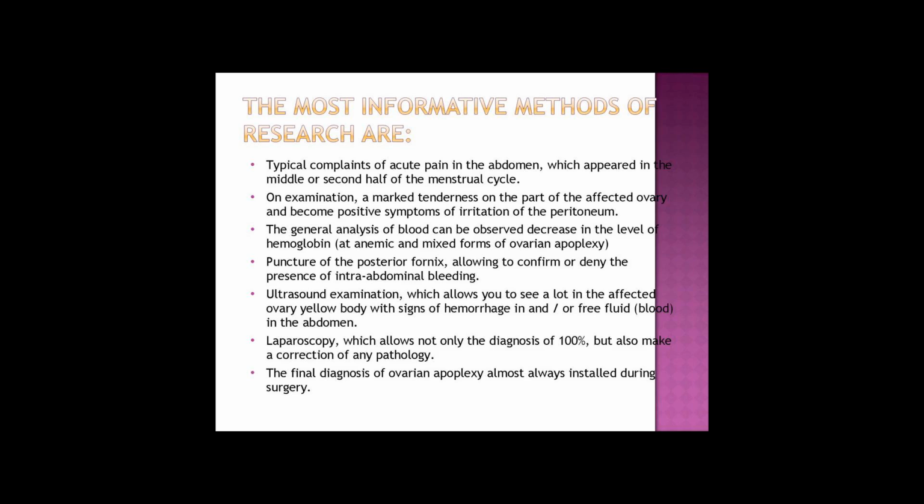Symptoms. Clinical symptoms of apoplexy are associated with the basic mechanism of this disease. Pain, which occurs primarily mid-cycle or after a minor delay in menstruation. At the time of the rupture of a corpus luteum cyst, for example, pain is most often localized in the lower abdomen.